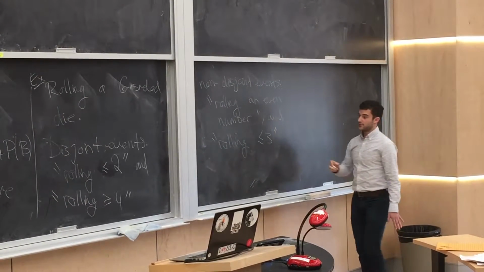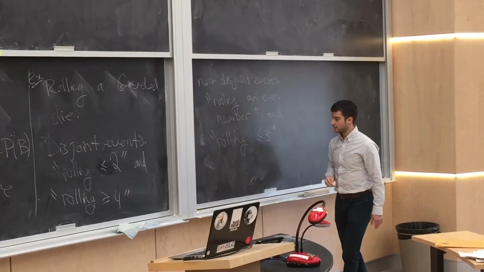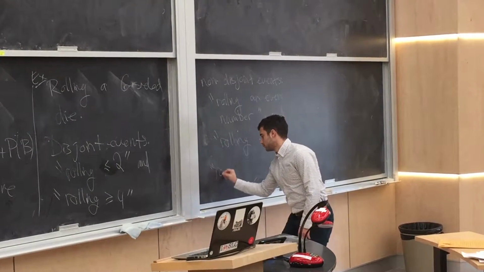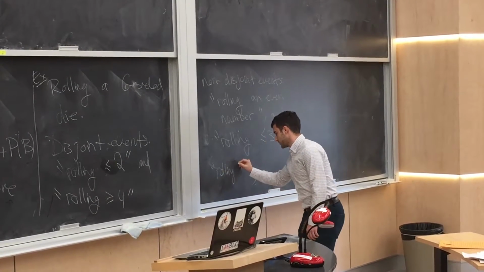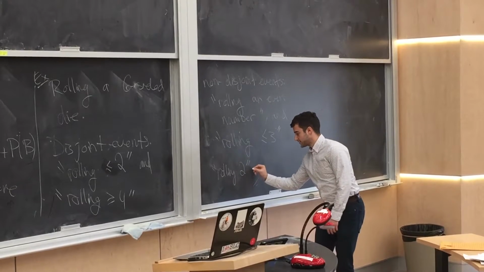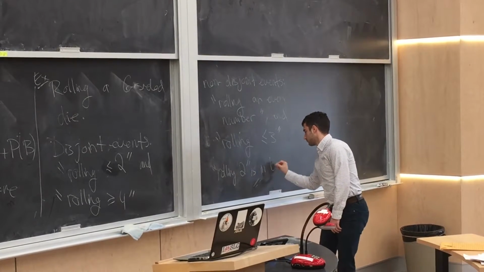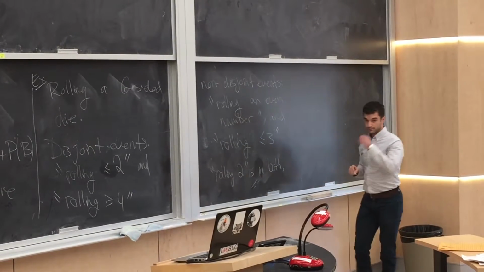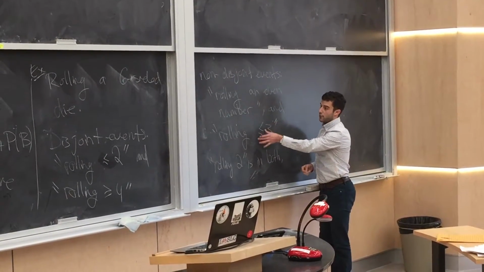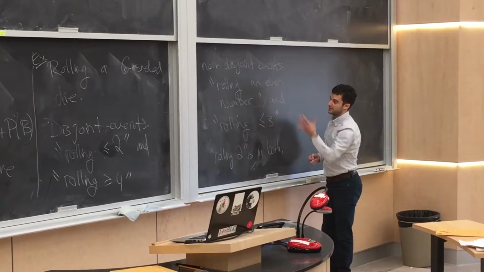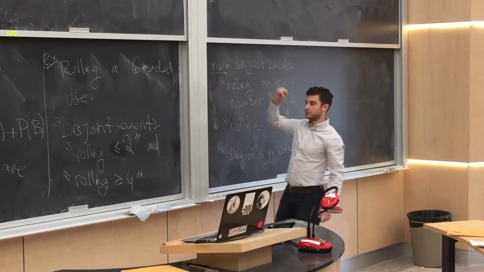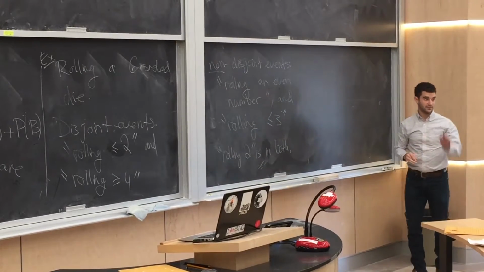These are not disjoint events because the event rolling 2 is in both of these events. Right, so because it's possible to get both of these happening at the same time, these are non-disjoint events. Does that answer your question?